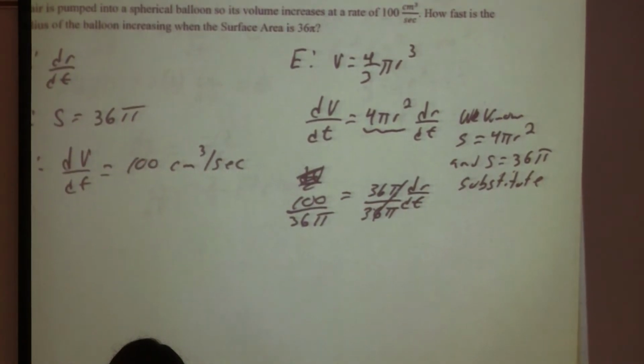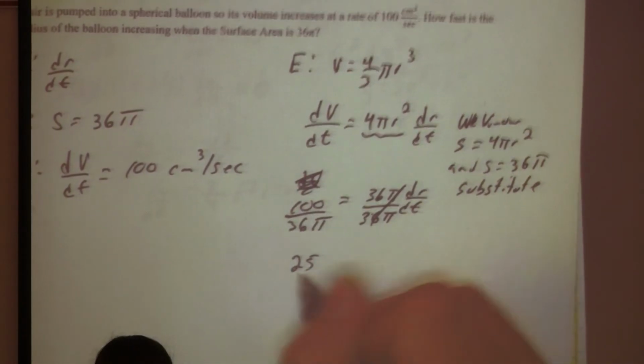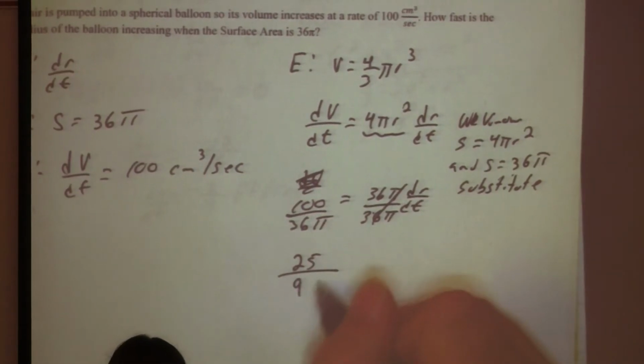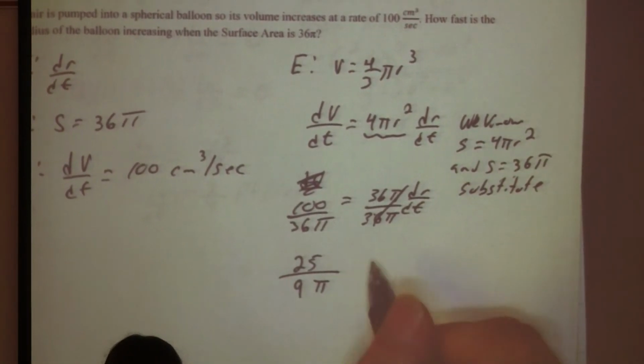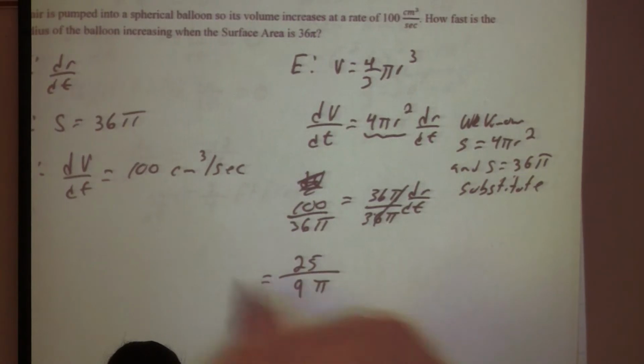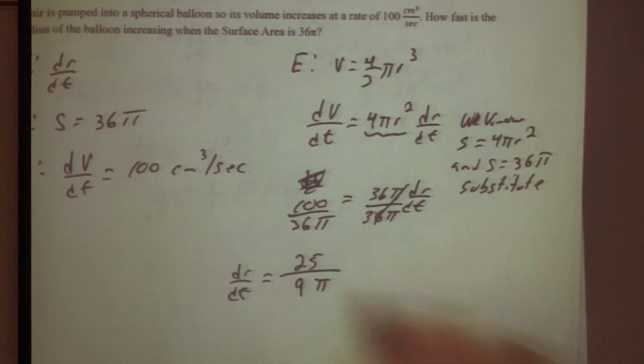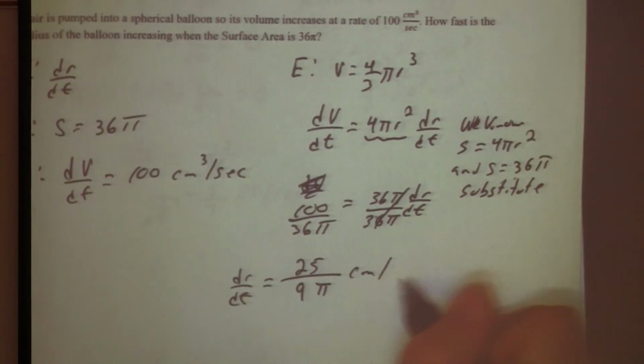And does 100 over 36 reduce? What goes into both of them? 4? How many 4s into 100? 25. How many 4s into 36? 9. So dr/dt is 25 over 9 pi. And what will be my units? Centimeters per second.